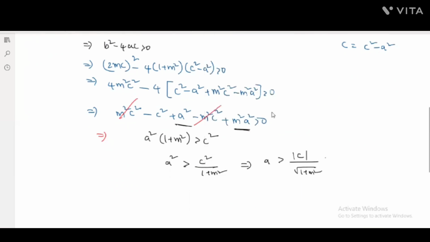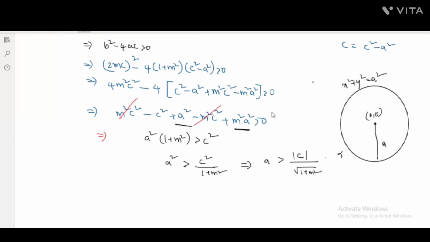Now if you observe diagrammatically, this is our circle. The circle equation is x square plus y square is equal to a square. That means the center of this circle is 0, 0 and the radius is a. When I take a line like this, this distance from here to here becomes the perpendicular distance d from the center of the circle to this line. So in this case, the radius is greater than the perpendicular distance d.